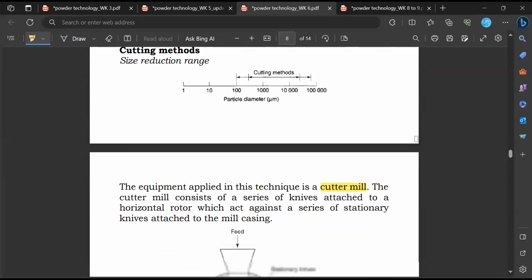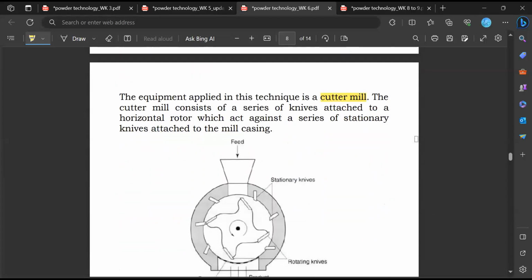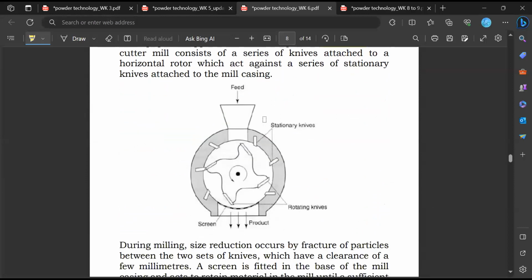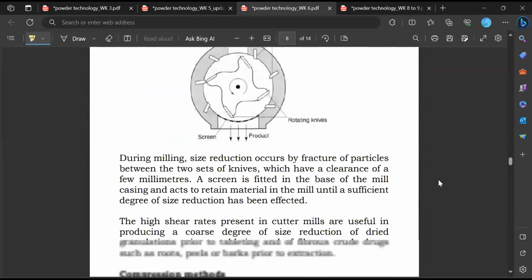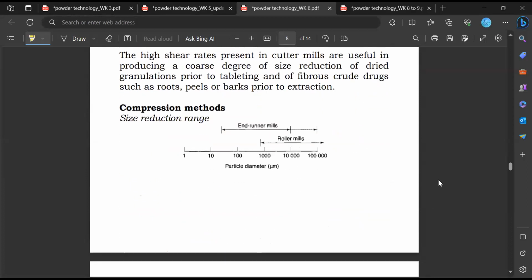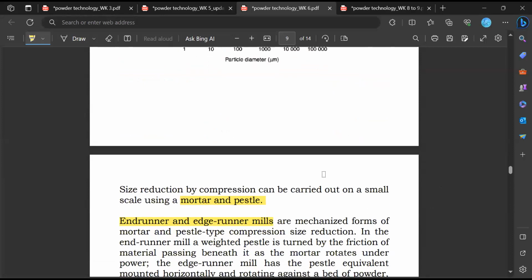For the cutting method, you use the cutter mill, which has different types of knives, and it can reduce the size. Second one is compression methods, where on a smaller scale you use a mortar and pestle, but when you're going into a larger scale, end runner and edge runner mills are used.